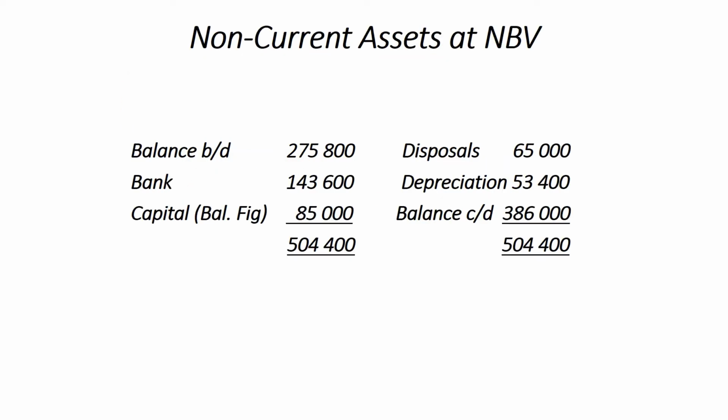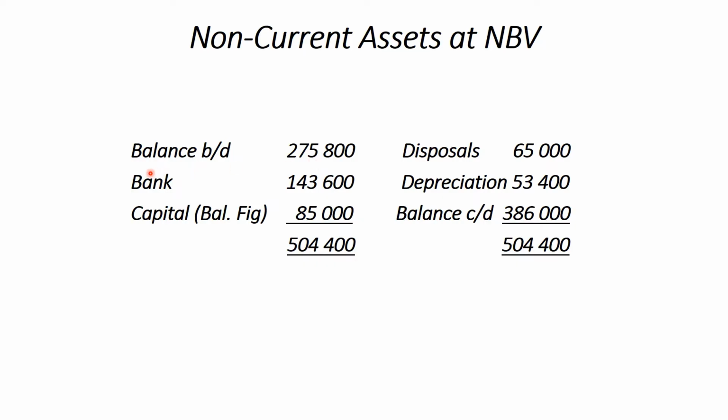The next working we look at is the non-current asset account, and it's at book value. So that takes into consideration the depreciation itself. At this stage, you may want to pause the video and verify these figures from the information on your balance sheet, your comprehensive income statement and the additional information.